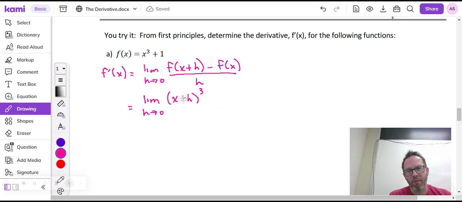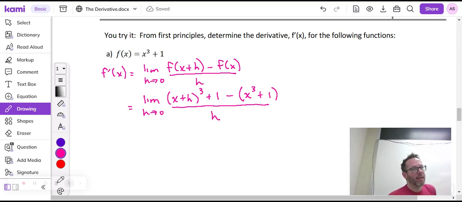And my function is x cubed plus 1. So f at x plus h will be x plus h cubed plus 1. And I will subtract. And then f of x, we need to be careful here. I'm subtracting all of f of x. So I'm subtracting all of x cubed plus 1, divided by h.